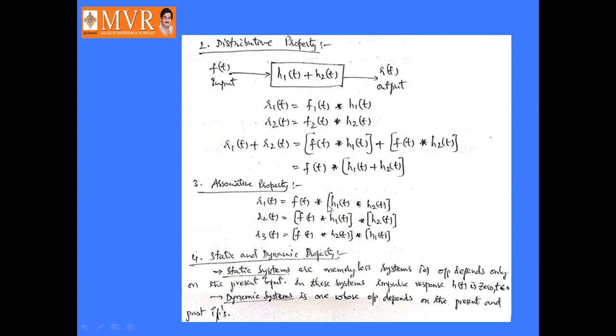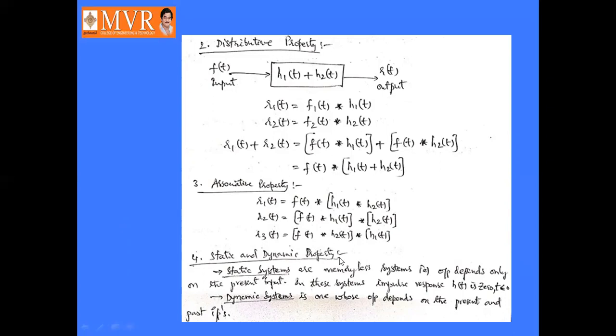Next one is the static and dynamic property. What we already know about static systems and dynamic systems: static systems are generally memoryless systems, and dynamic systems have some memory. Memoryless system means the system doesn't have any storage ability.